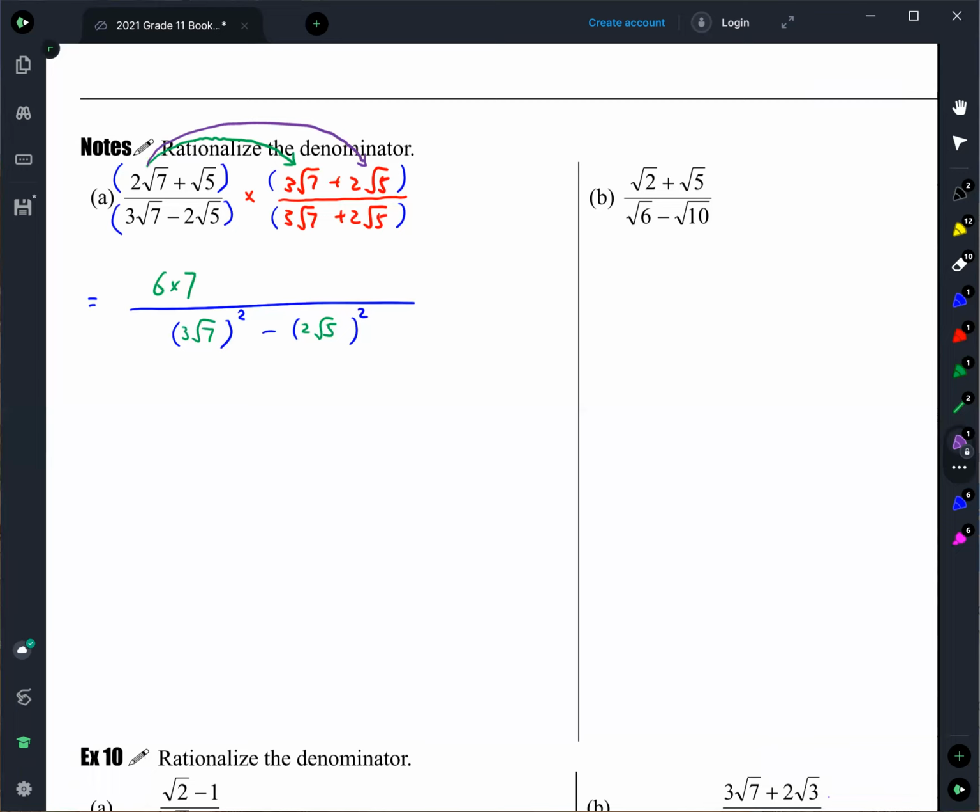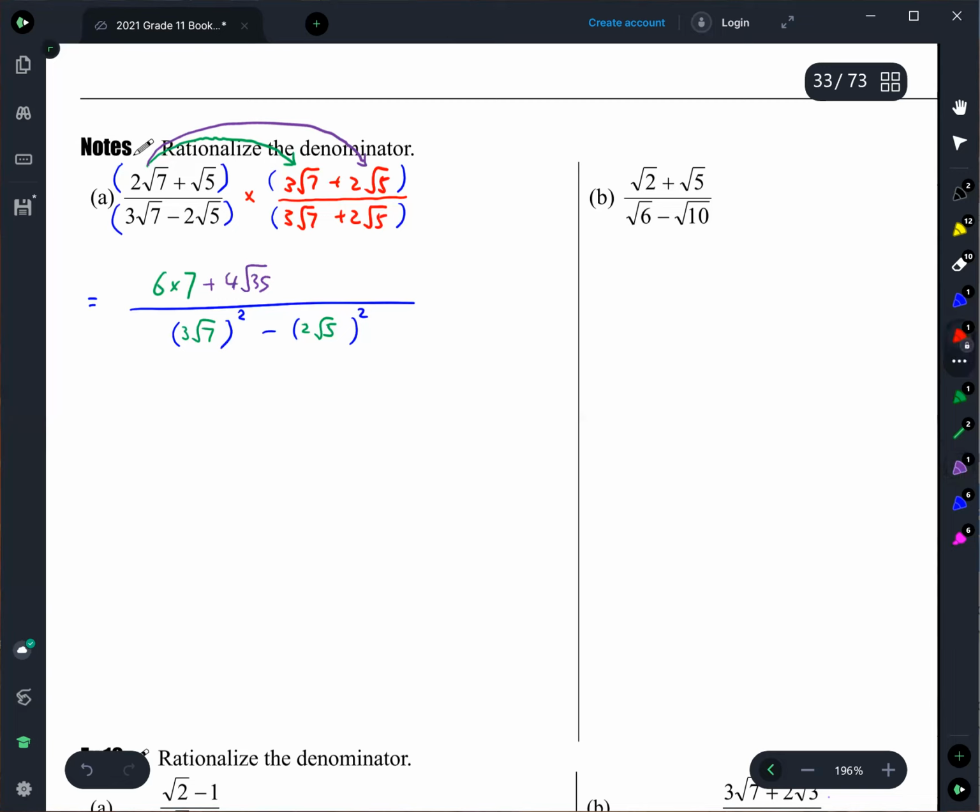Yeah, it's 4 times 35. Yeah, square root 35. Okay, so in the middle it should be plus because they're both positive. Okay. All right, next one. Let's go with these two. Okay, Henry, what do you get?